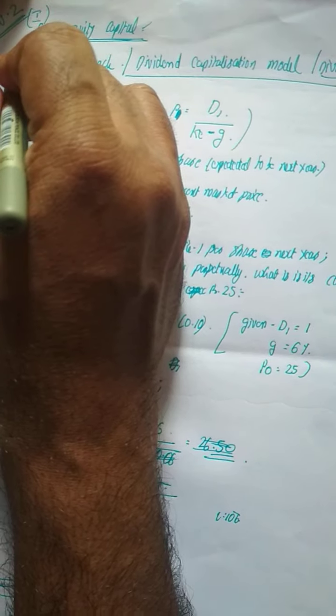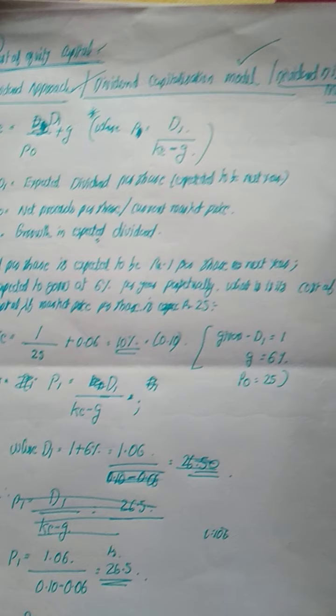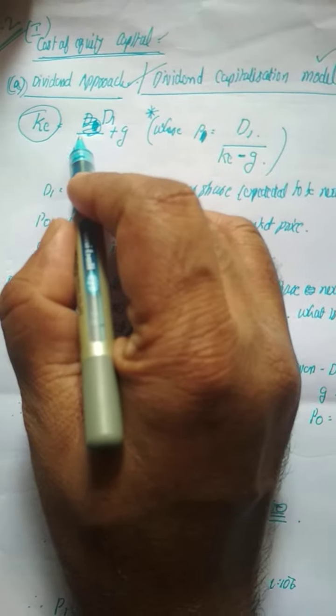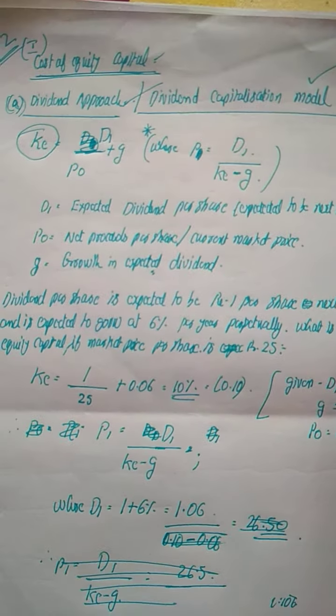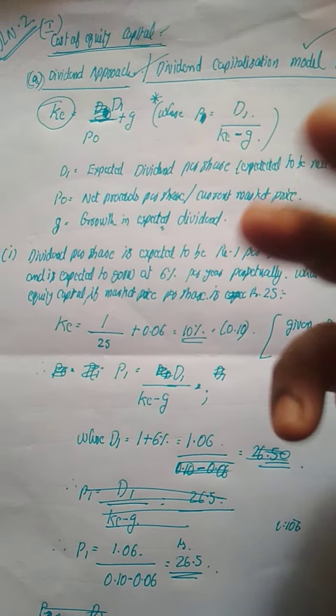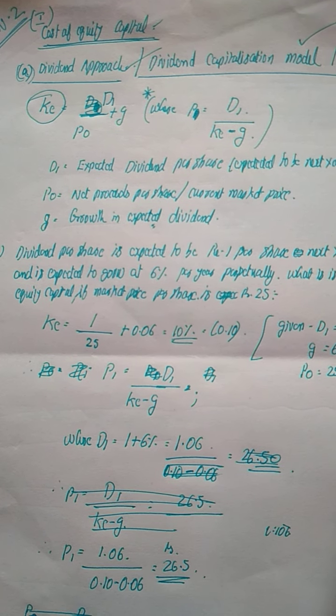There are various methods, of which the first one is the dividend approach. It is also called the dividend capitalization model, or the dividend discount model. The equation here: cost of capital is denoted by KE, and the equation is D1 divided by P0 plus G. Before looking into the equation, you should understand that cost of equity capital has a close relationship with the growth of dividend of the company.